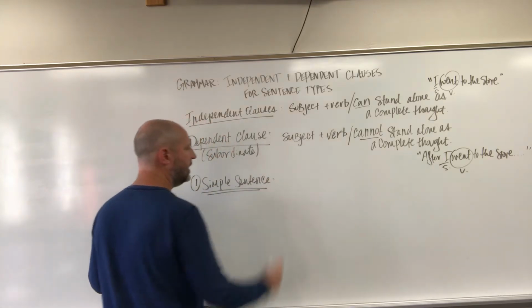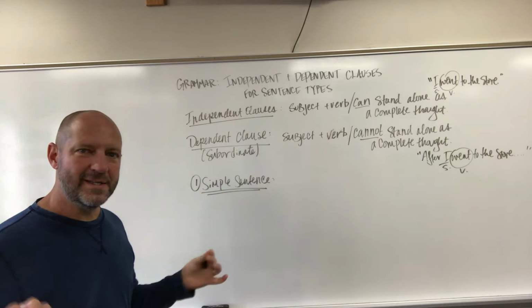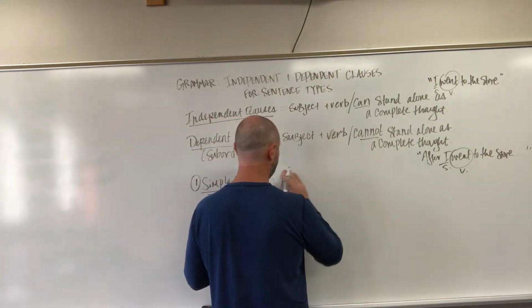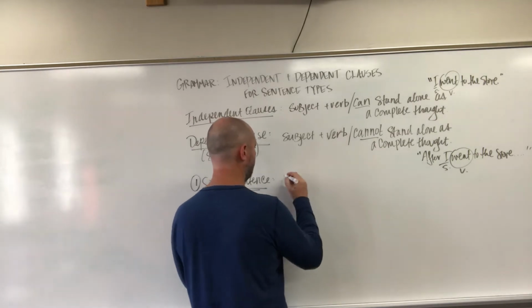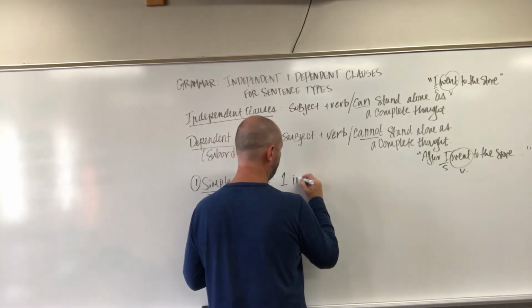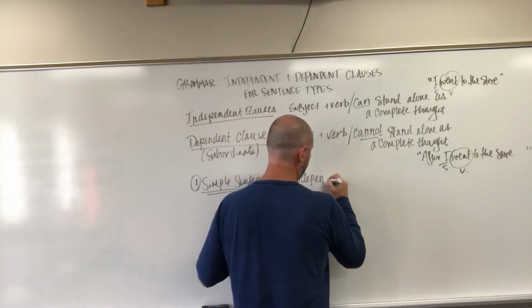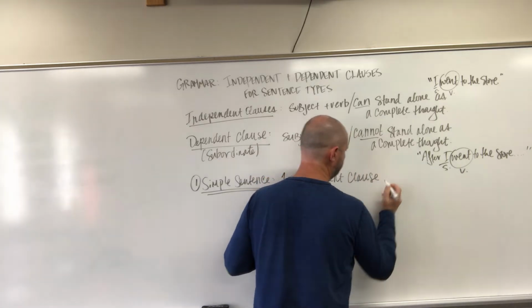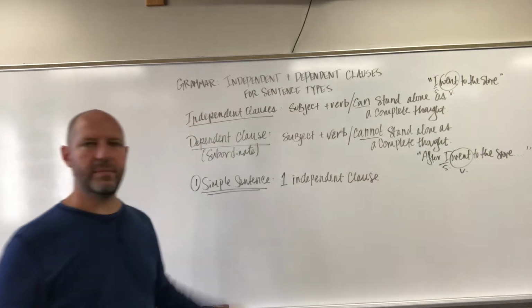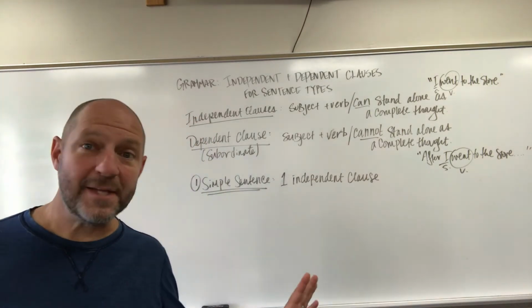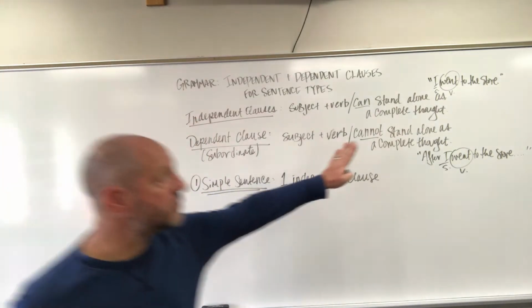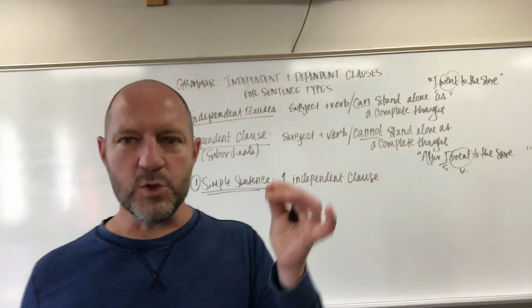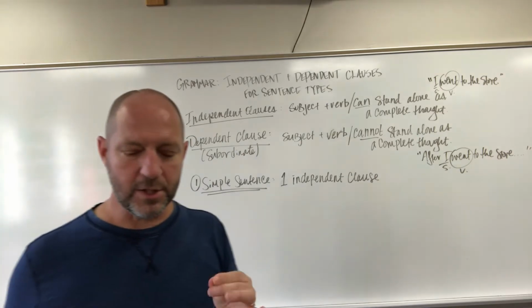The simple sentence consists of a single independent clause. One independent clause. That is it. This right here, I went to the store, is a simple sentence. It is one independent clause.